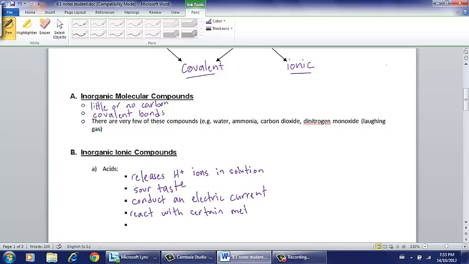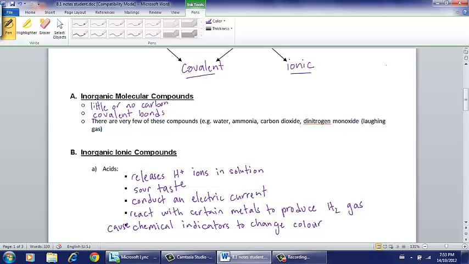So react with certain metals to produce, and hydrogen gas would be H2 gas. And they cause chemical indicators to change color. For example, if you put litmus paper in an acid, it'll turn red.